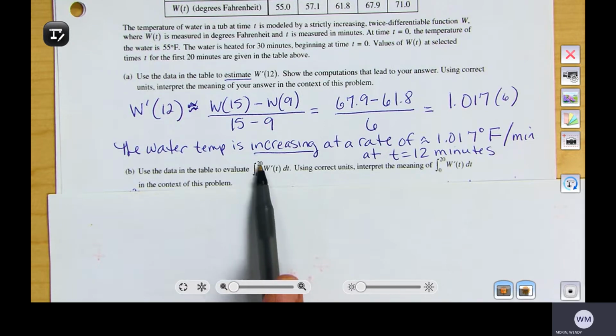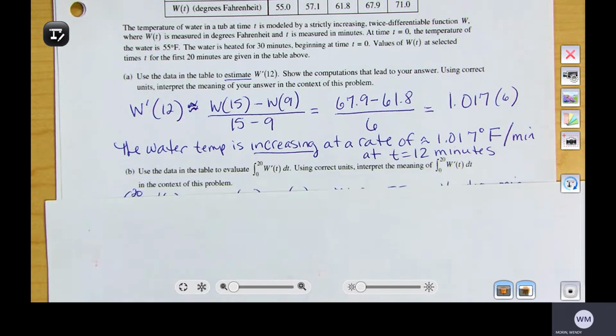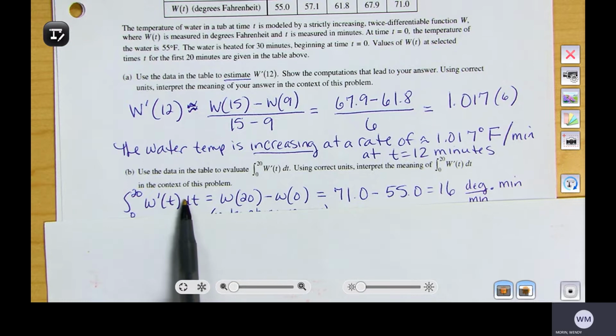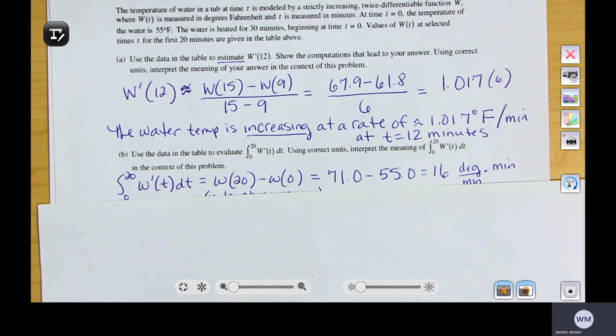If you integrate W prime, you get change in W. We'll spend more time on this later on. It's also a different form of the net change theorem that we've discussed. So that one is something new.